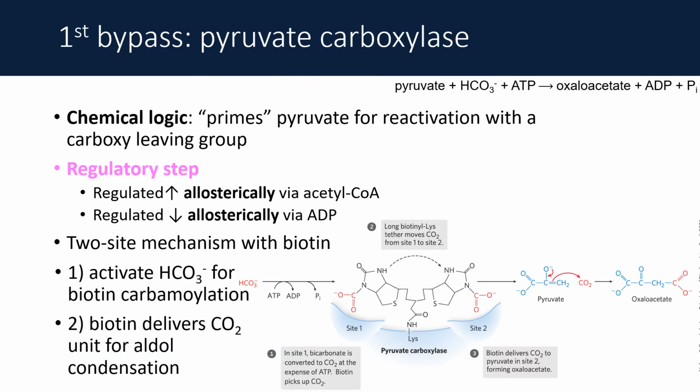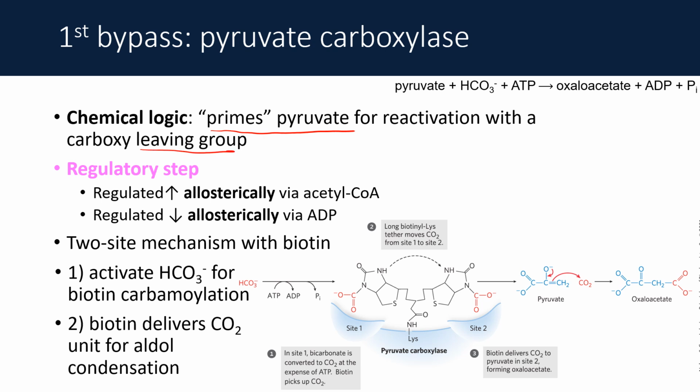The first bypass reaction in gluconeogenesis is again the most complicated because it's actually two different enzymes working in succession, but let's just begin with the first one, pyruvate carboxylase. This enzyme's job is to install a CO2 molecule onto pyruvate, which is going to prime it for reactivation by essentially plugging on a good leaving group.